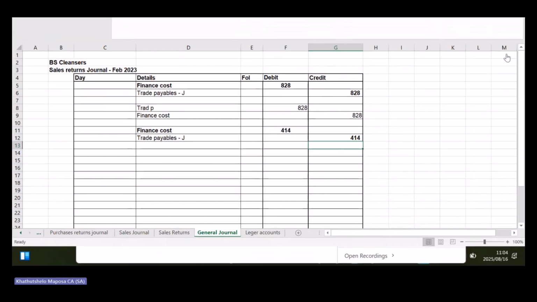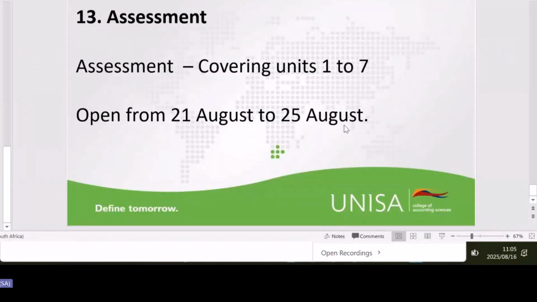And lastly, we have an assessment which is going to happen. I will show the slide now. We have an assessment which is going to open on 21 August, and it's going to close on 25 August.